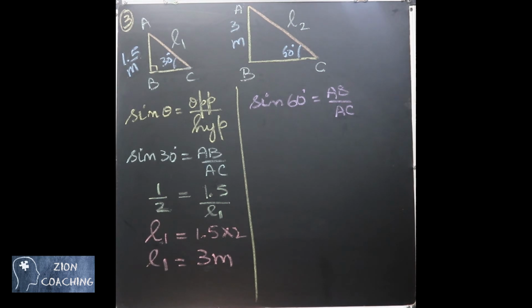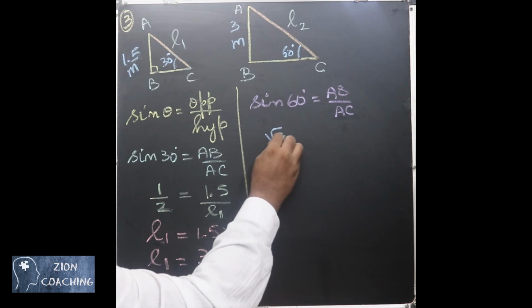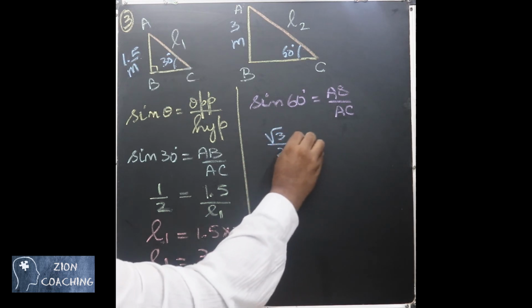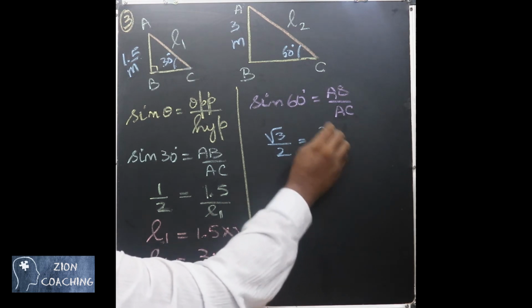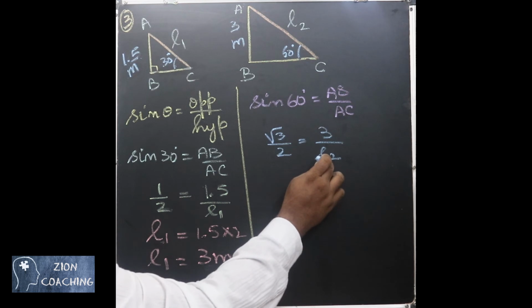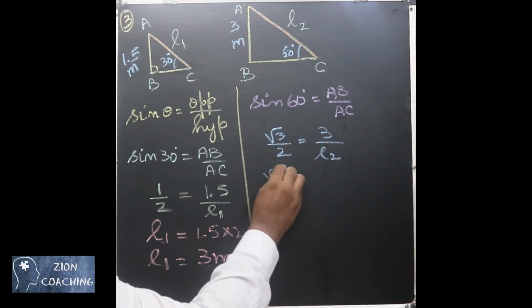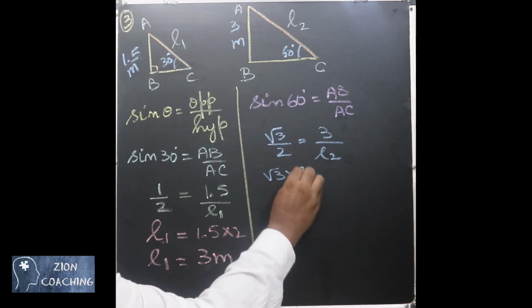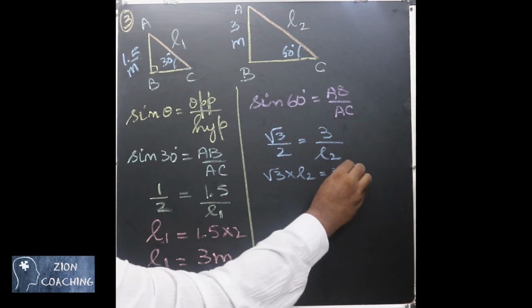Substituting the values, you know that sine 60 degree is root 3 by 2 equal to AB value is 3, AC value is L2, that is what we have to find. Taking this L2 that side, then we will have root 3 into L2 equal to 3 into 2.